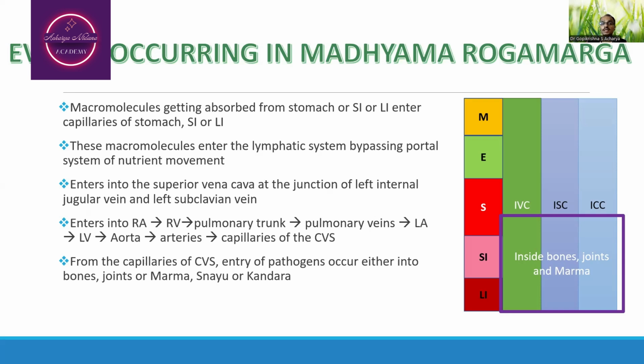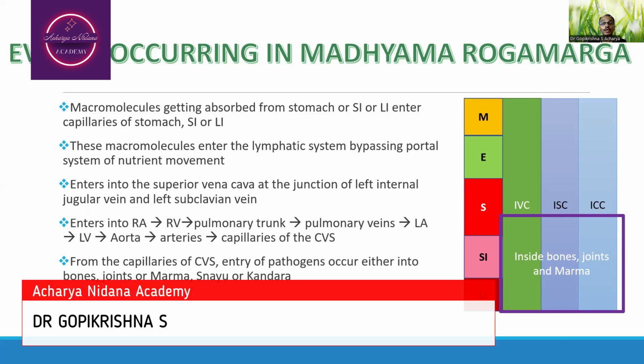Suppose the person walks 10 kilometers, then the pathogens move more towards the lower limb, either the hip joint, the knee joint, or the ankle joint.